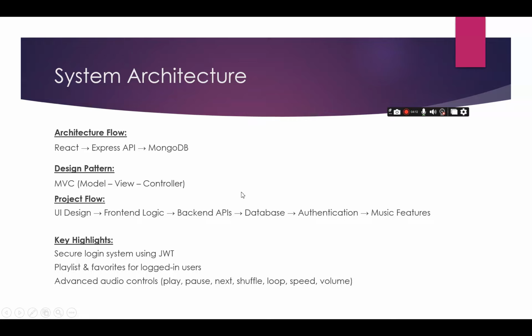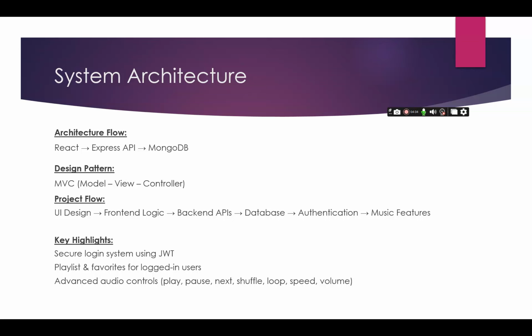Now we'll see the system architecture and the project flow. This project follows a client-server architecture where the front-end and back-end work together. React is used for the front-end, which handles the user interface and user interactions.